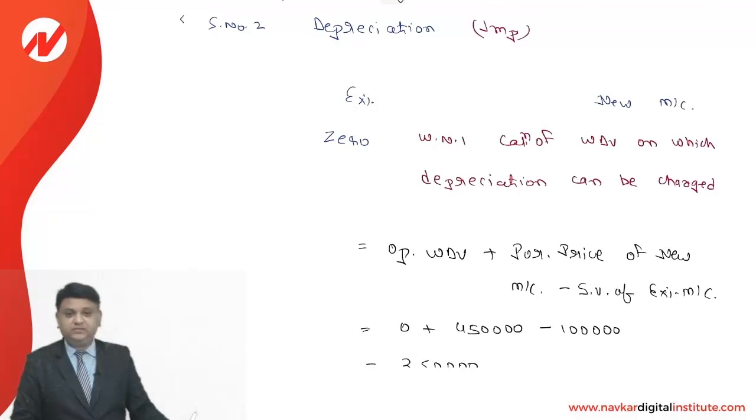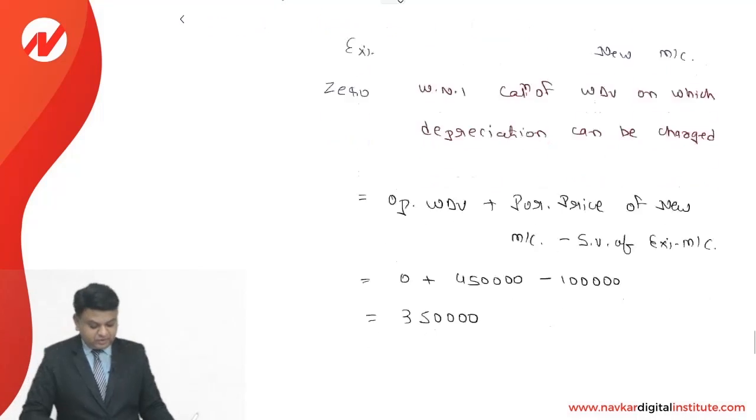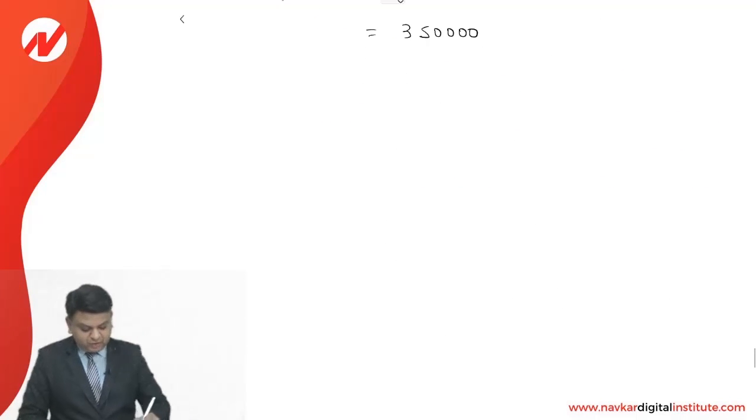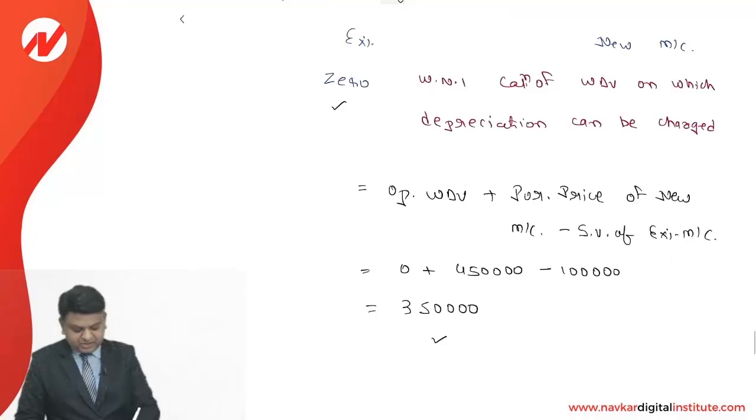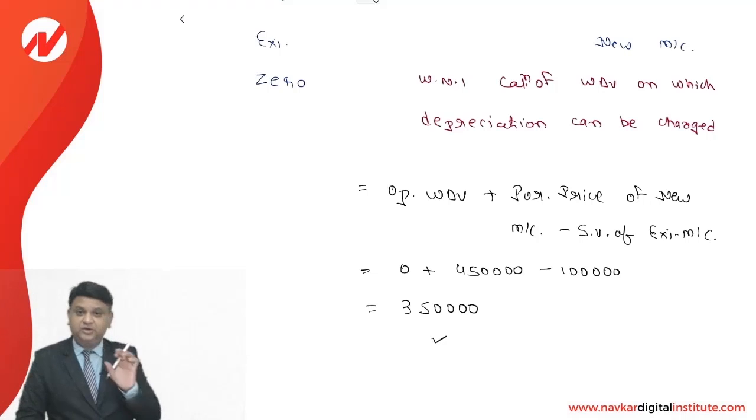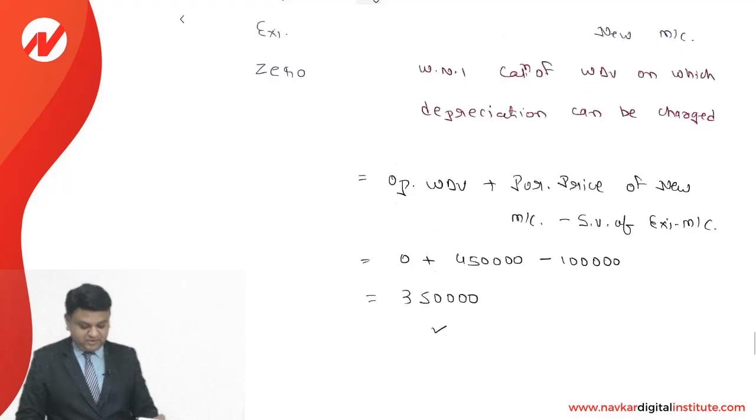So over here, we have computed the amount on which you can claim depreciation if you replace the existing machinery, which is 3,50,000, and the amount on which you could have claimed depreciation otherwise is 0. Why? Because as far as the existing machinery is concerned, its WDV is 0. So the incremental WDV is 3,50,000 minus 0, that is 3,50,000.